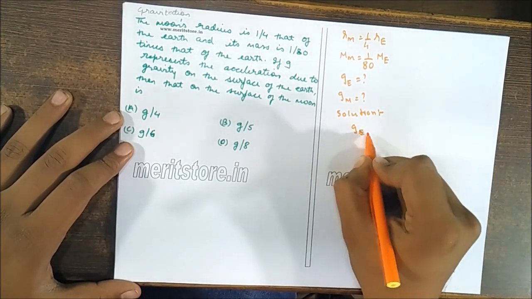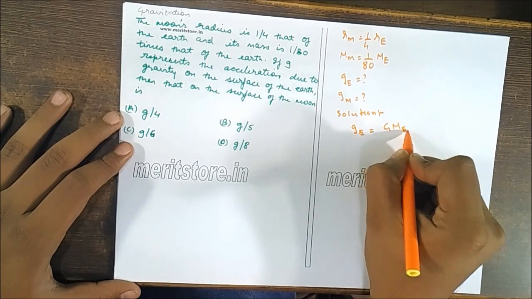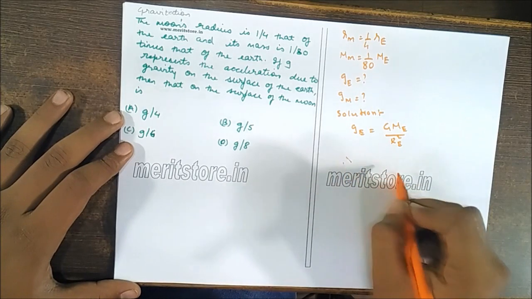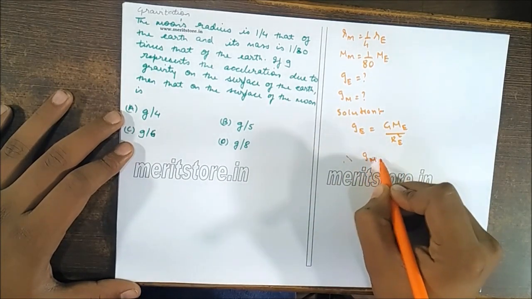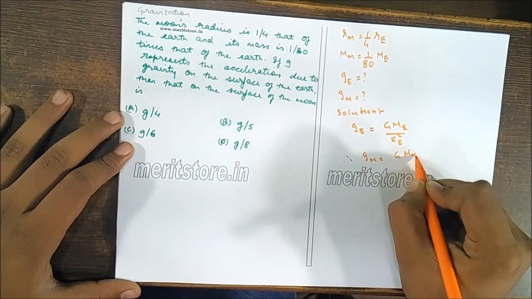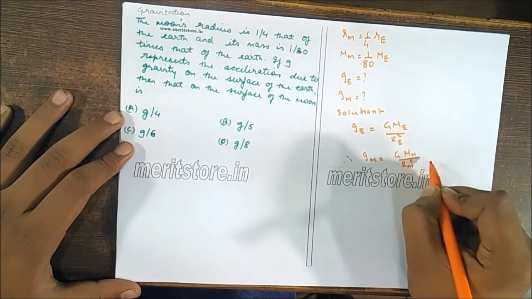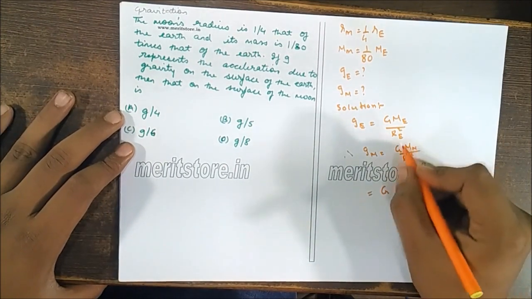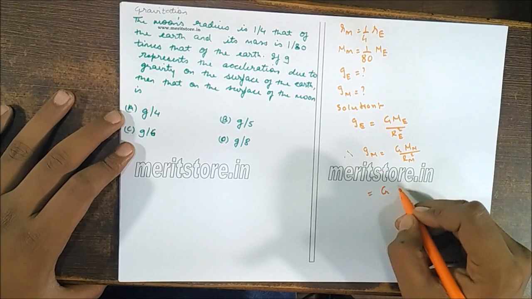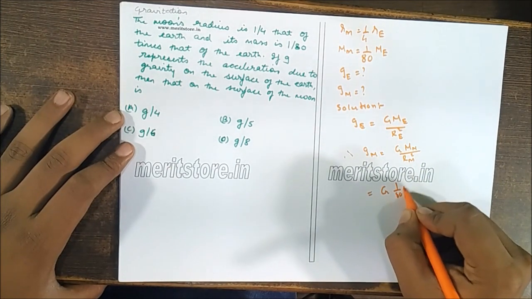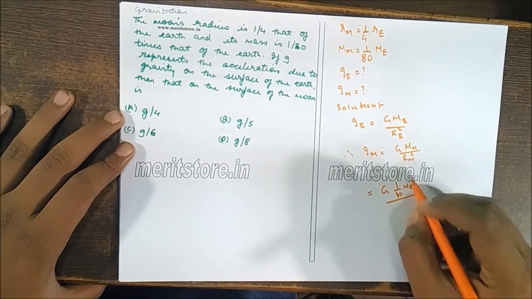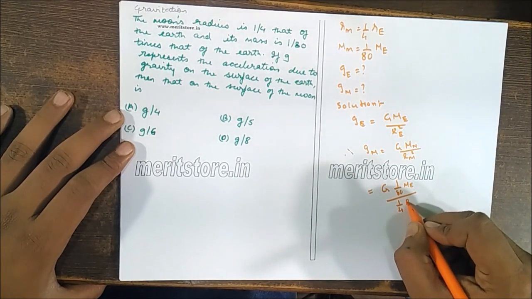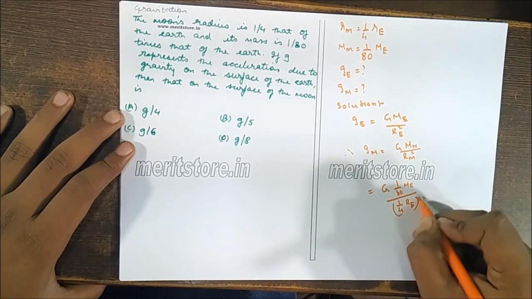Let's solve. Now, g of earth can be written as GME upon RE square. So therefore g of moon is equal to GMM upon RM square. But what is GMM? That means mass of moon is 1 upon 80 times mass of earth, and the radius is 1 by 4 times, that means (1 by 4 RE) the whole square.